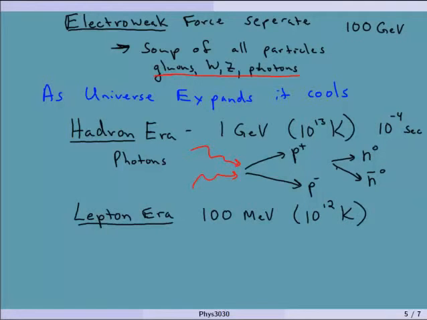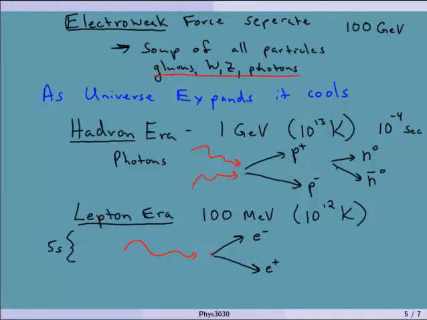Here it's cooled down so that we don't get protons from photons, but the photons are still energetic enough to make the leptons. So we're getting neutrinos, and we're still getting electron-positron pairs here. This is a very important era that lasts for about 5 seconds. We're not talking about geologic eras here.